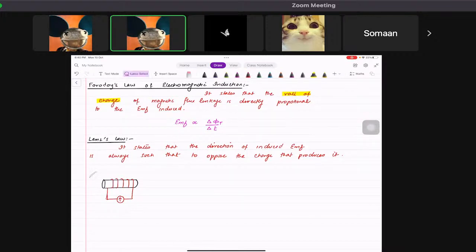I'll just copy this because I will be needing it a lot. And there was a magnet kept far away from this, north and south, and the magnet was stationary.